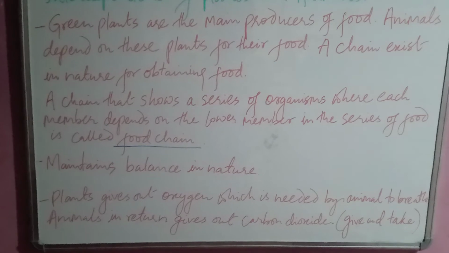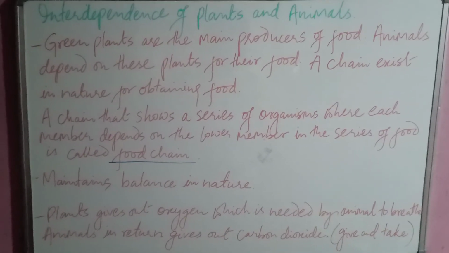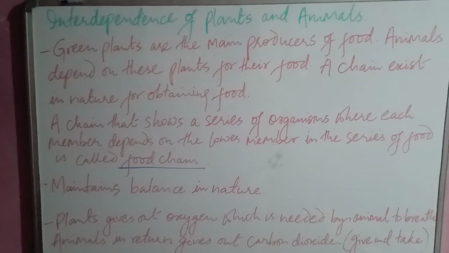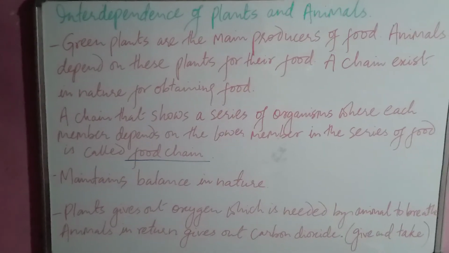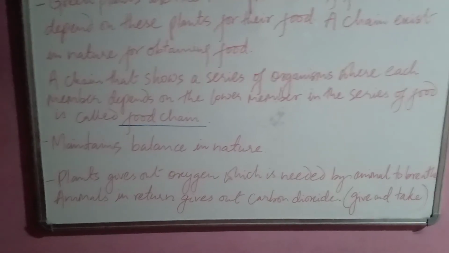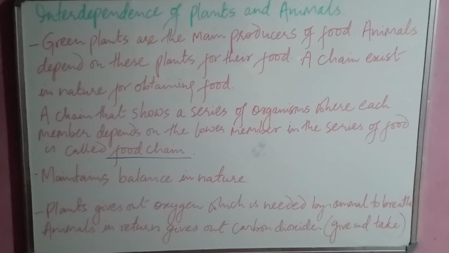Okay. Then we have the third point. Besides, plants also give out oxygen which is needed by animals to breathe. Animals in return give out carbon dioxide which is needed by plants for photosynthesis. So it is the same situation, a give and take.